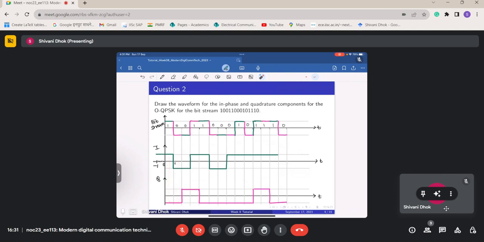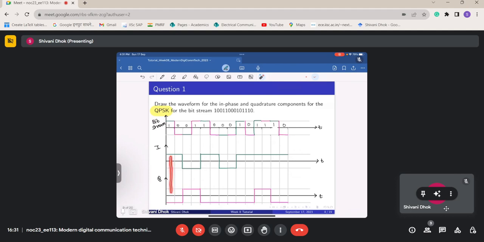However, if we look at this waveform here, it was 1 0 here, 1 0 here, same, and then suddenly we are having a 0 1, which means there is a change of 2 bits, and this 2 bit change will correspond to a 180-degree phase shift.